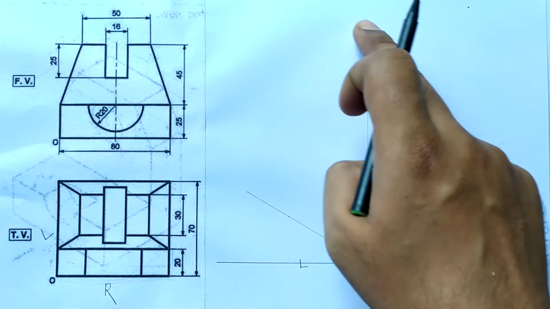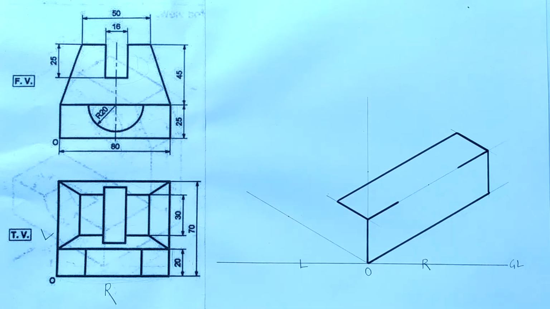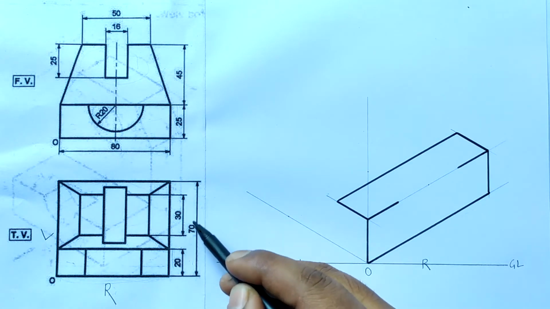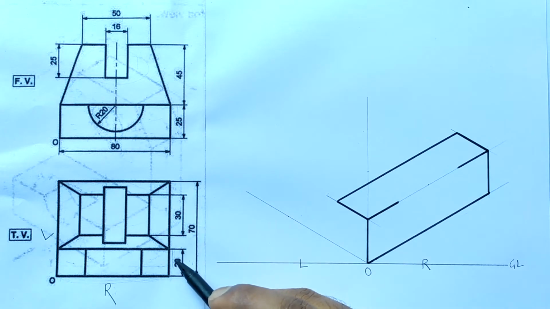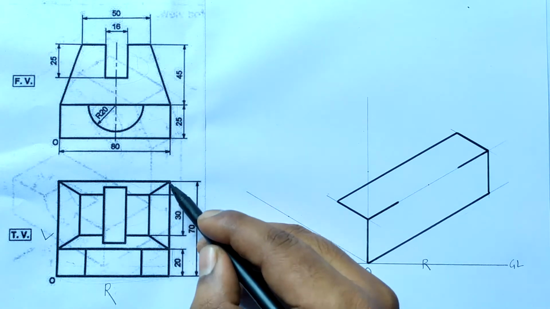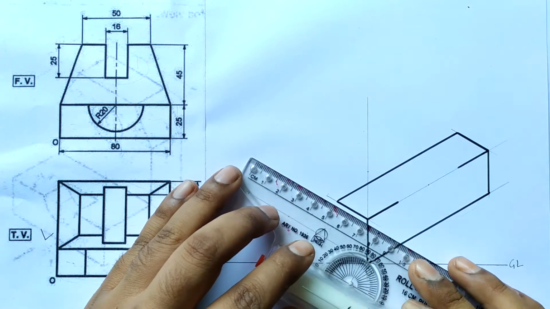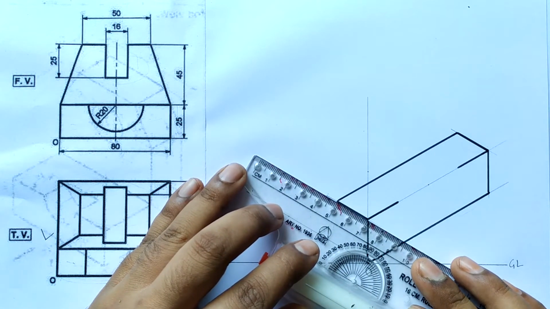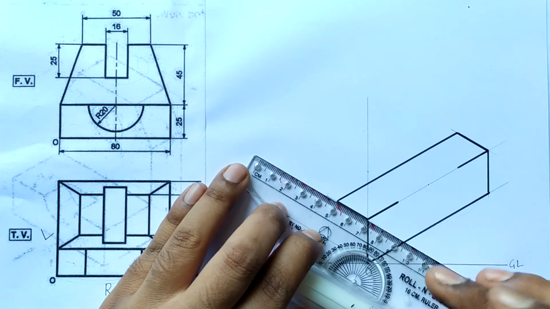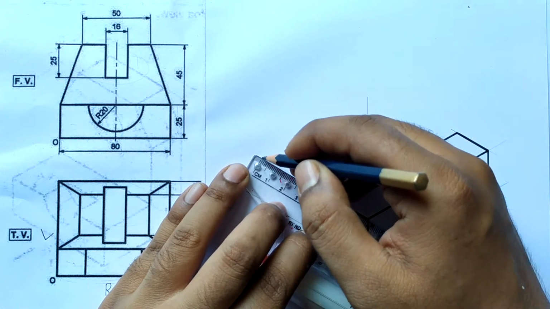Now see, at this place what I have to do, since 20 mm gone out of 70, 20 mm gone on the left side, so the remaining is of 50 mm. So let's form this 50 mm over here. So from this point I need to mark 50 mm.